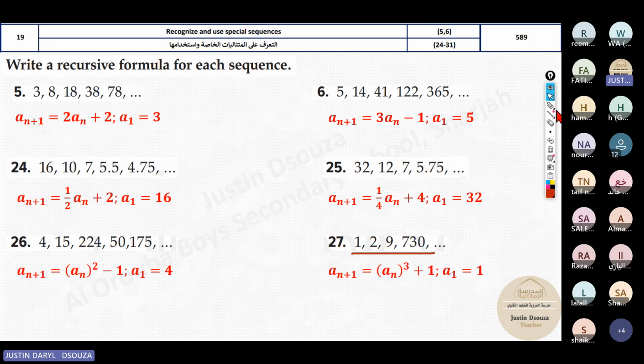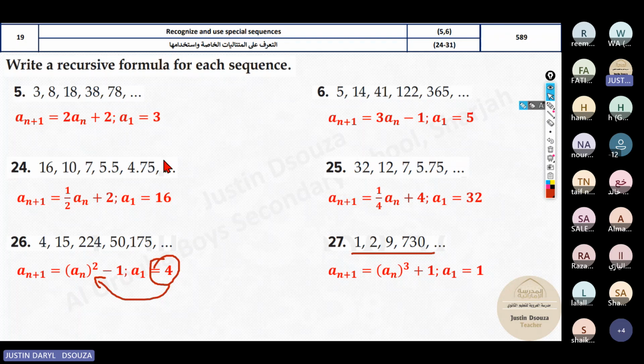You just have to put the first term and you will get the answer. That's the easiest of all methods. Since you have this, just keep substituting over here. You'll keep on getting the next terms. So you don't need to break your head with other methods.